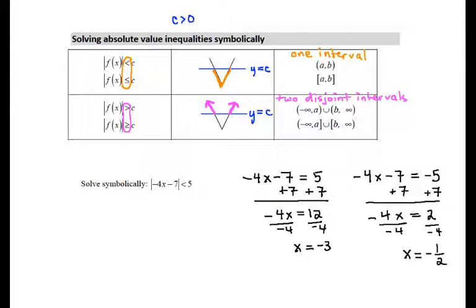Again, I'm going to either draw or picture a number line to do this. Negative 3 is to the left of negative 1/2. I need to make sure I get them in the correct order first. And I have a v that I'm picturing here.